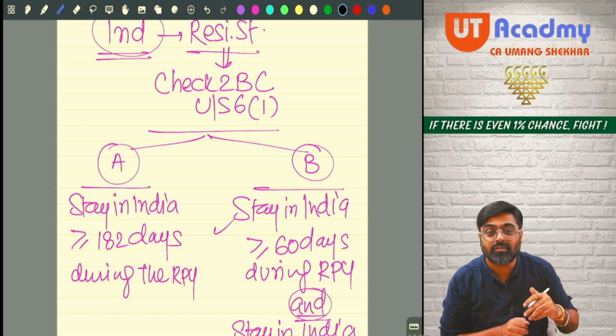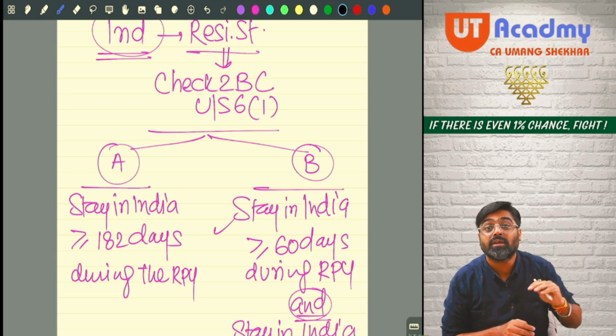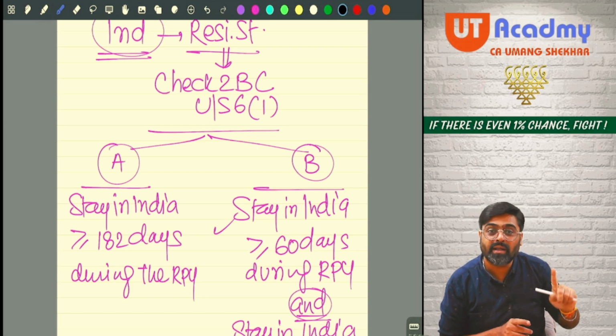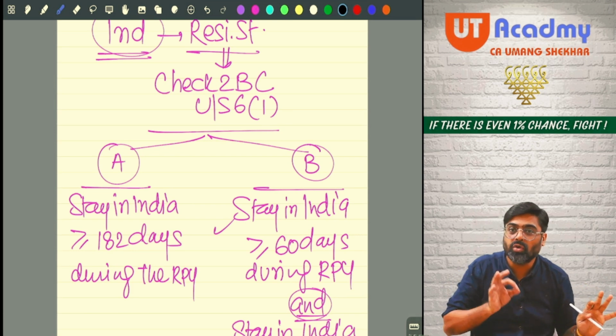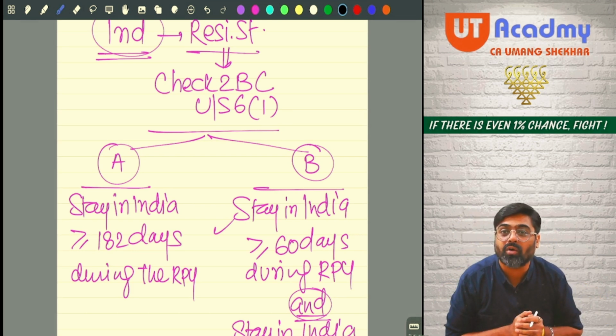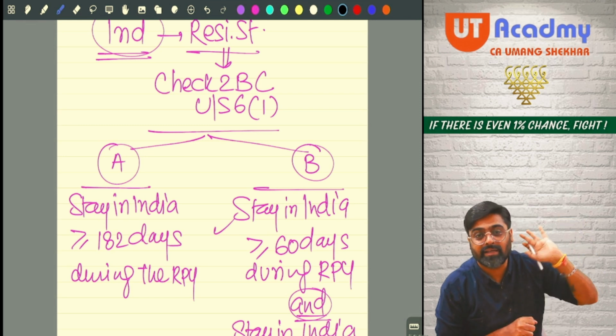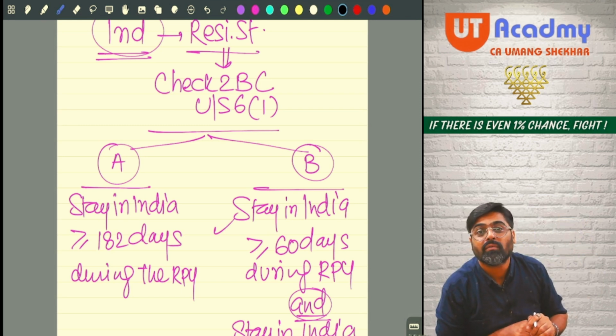And those two chances are two extra conditions known as additional conditions. If you fulfill any one of those additional conditions, you will be treated as RNOR. But if you don't fulfill both the additional conditions, then you cannot treat yourself as RNOR, you will remain ROR only.